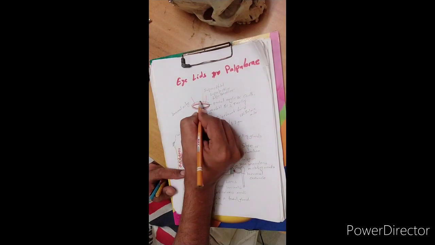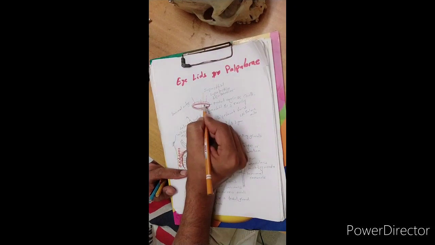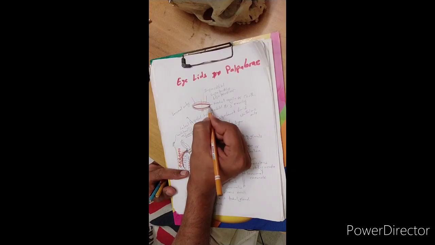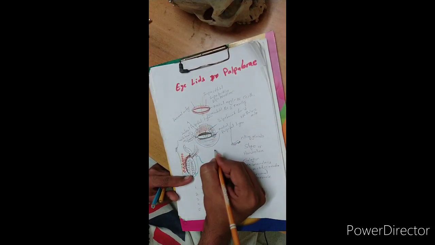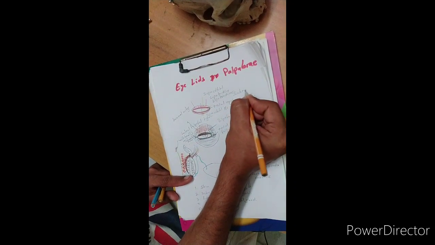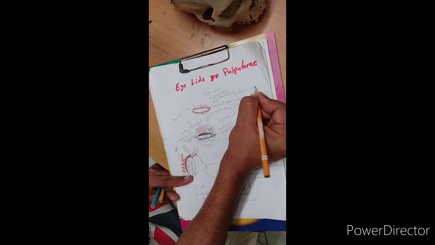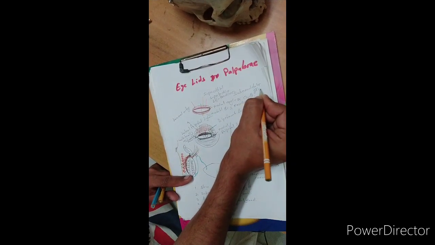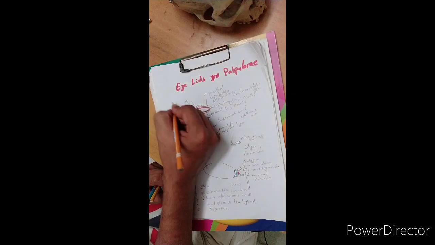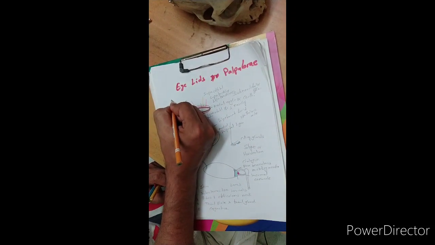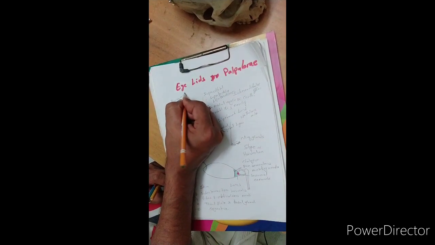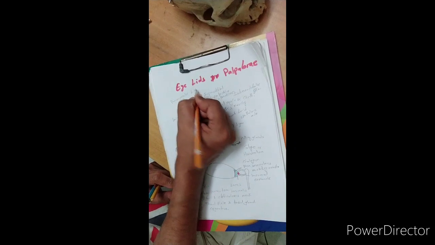If you see the lymphatic drainage, the medial half of the upper and lower eyelid drains into the submandibular lymph nodes, while the lateral half of the upper and lower eyelid drains into the preauricular lymph nodes.